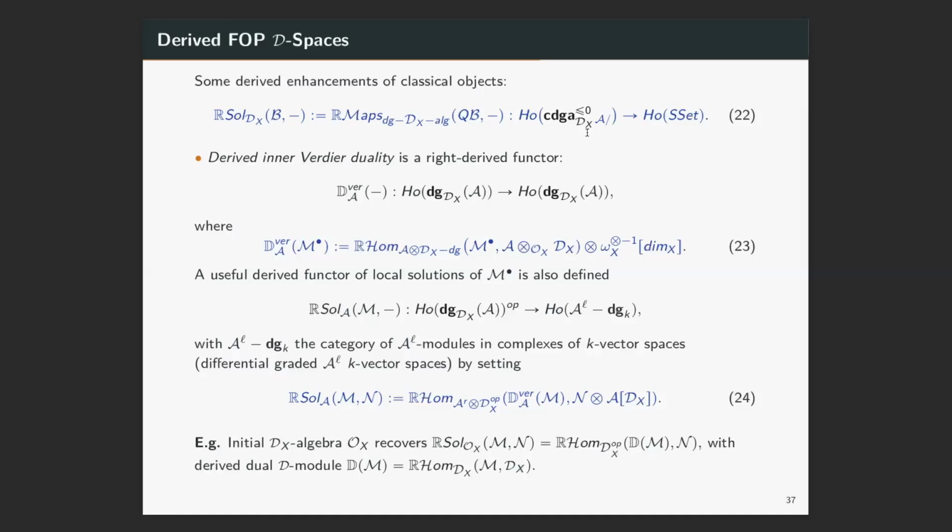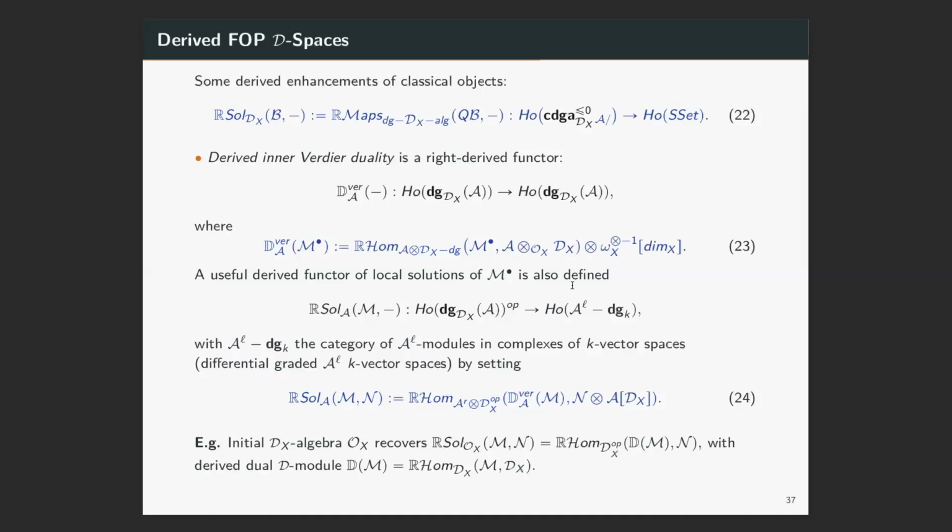The Verdier duality that we talked about, this local version. So you have the usual D-module Verdier duality. It's an operation that intertwines the derived categories of coherent D-modules. Now we have a local one that intertwines the homotopy categories of the model categories of DG D-modules with coefficients in some DG algebra A. Again, it's some twist by the dualizing sheaf of the A-linear dual, as you would expect.